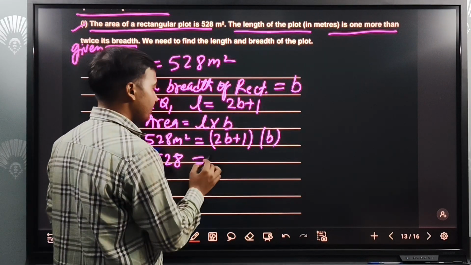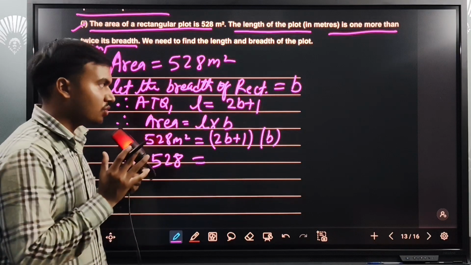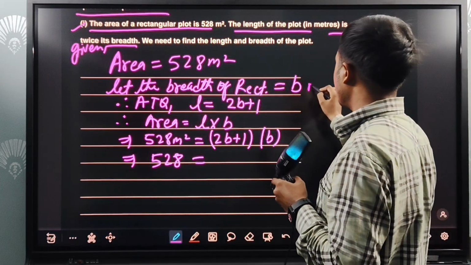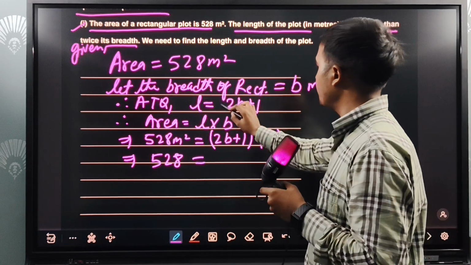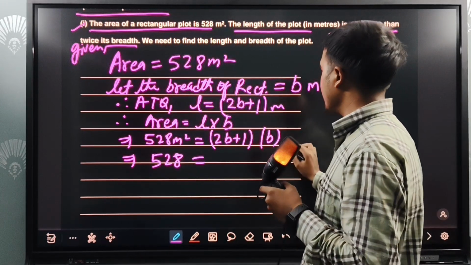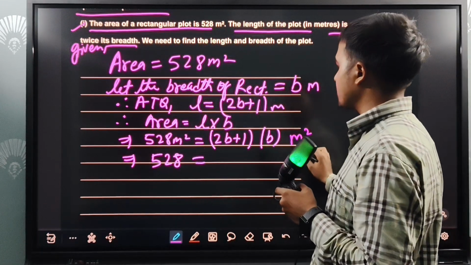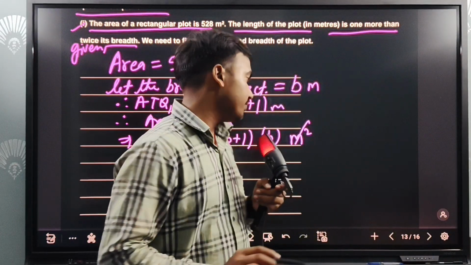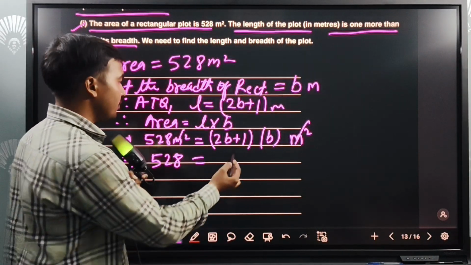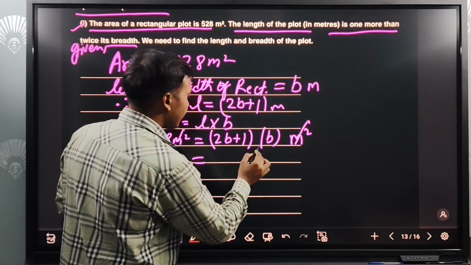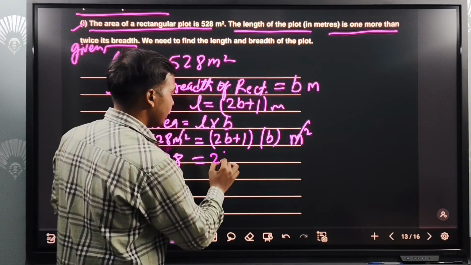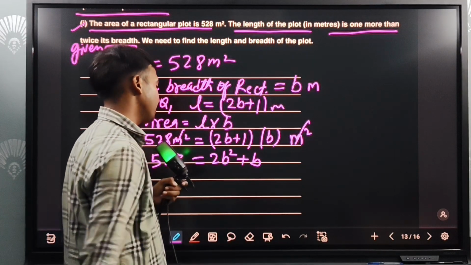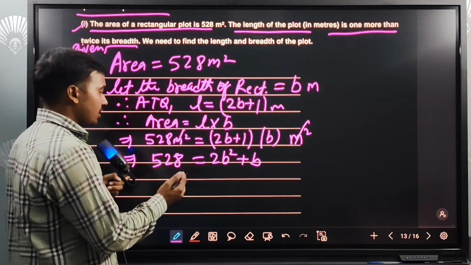On the right hand side you can see that the unit of length is meter and the unit of breadth is also meter, so meter multiplied by meter becomes meter square, and the meter square cancels out. So we will solve this now. You will get b multiplied by 2b, which gives 2b square, plus b multiplied by 1, which gives b.